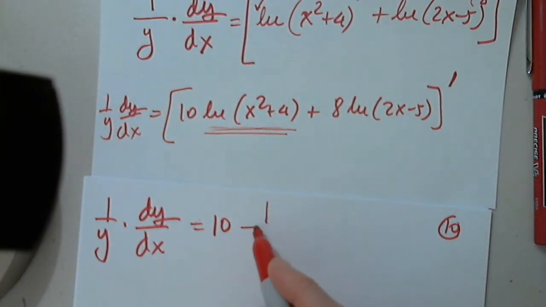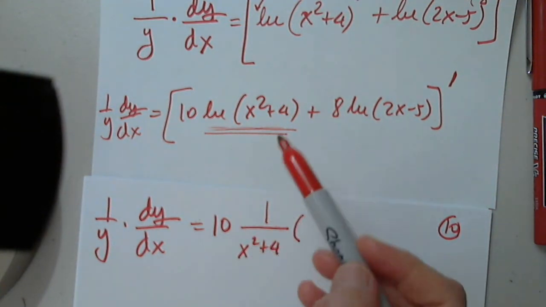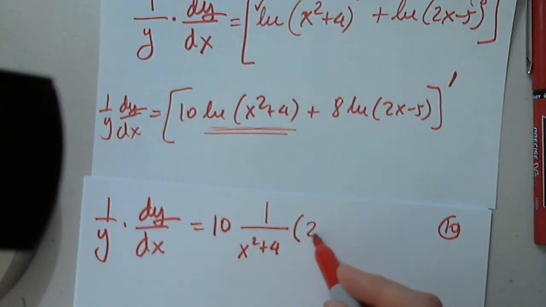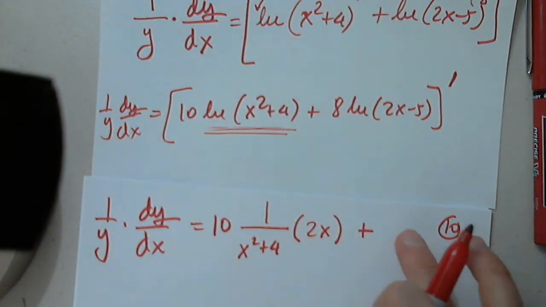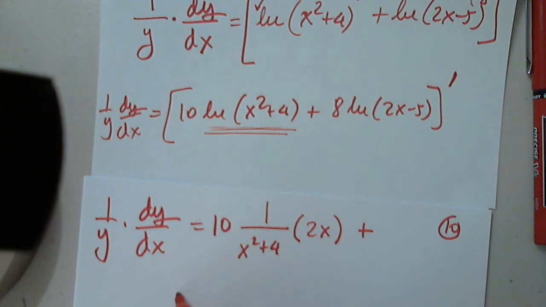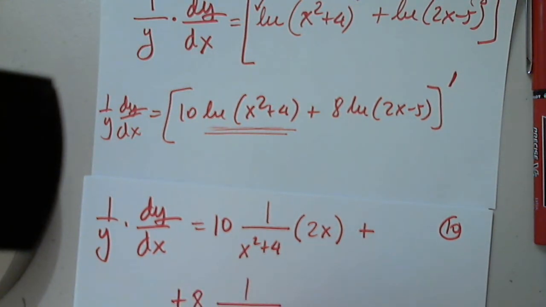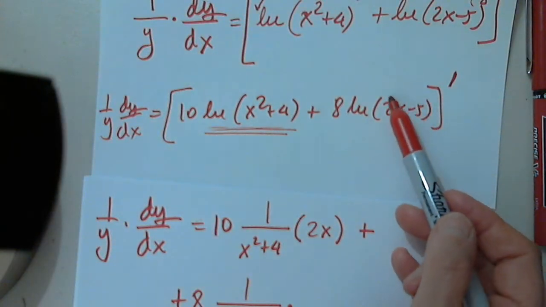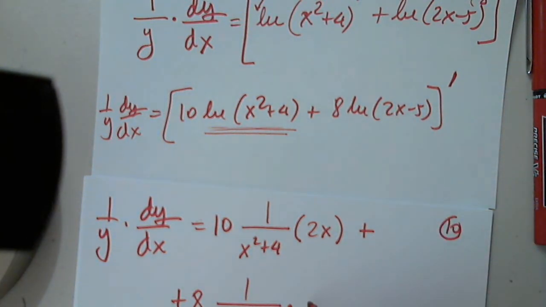We have 1 over x squared plus 4 multiplied by 2x. Very good. Plus 8 times 1 over 2x minus 5 times the inner function prime, which is just 2. Excellent.